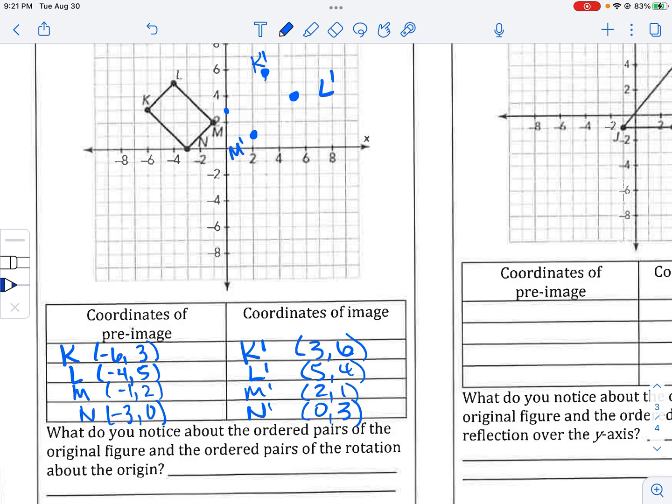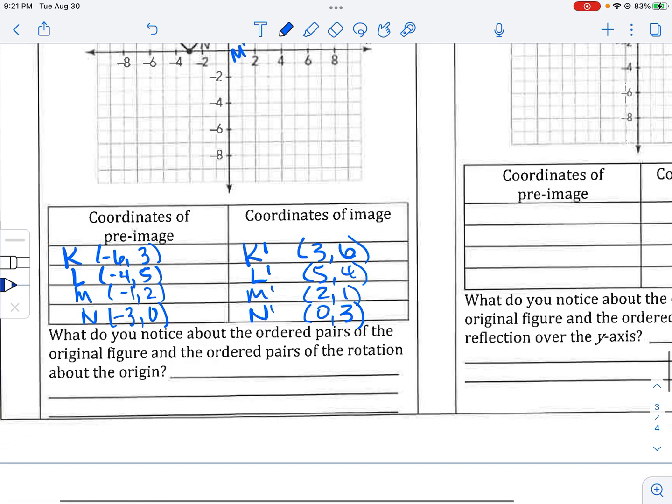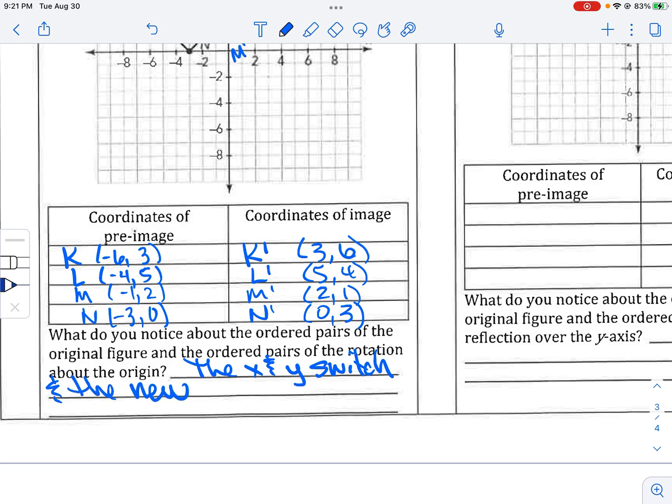And 0, 3, I get N prime. And there you go. What do you notice about the ordered pairs of the original figure and the ordered pairs of the rotation? The x and y switch. And the new y value is the opposite.